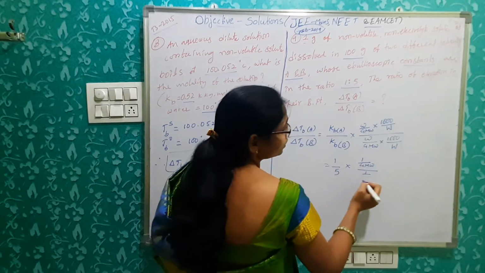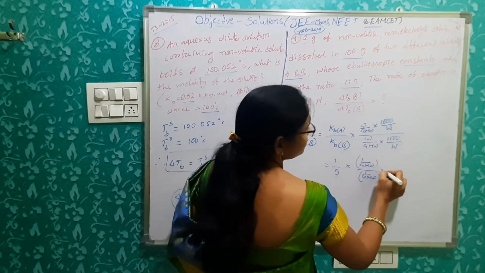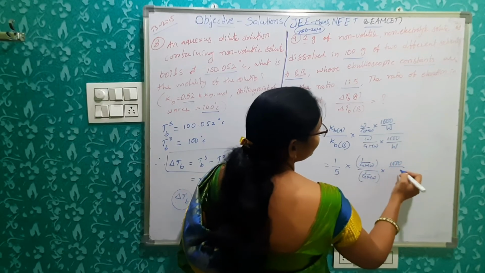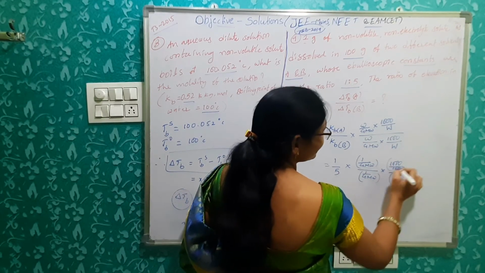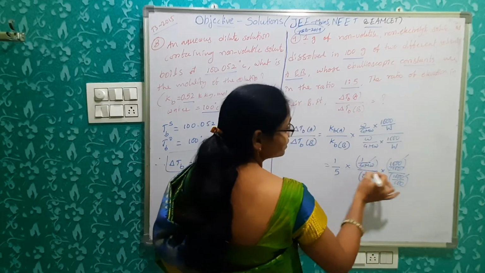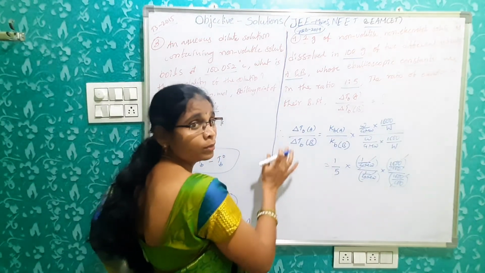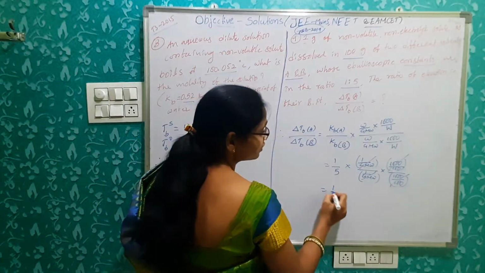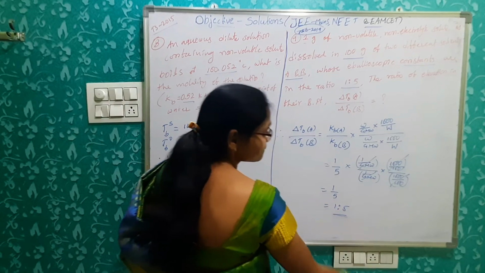Again, same solute, gram molecular weight is not given. 1000 by 100 grams of A, 1000 by 100 grams, so this is mutually cancelled. This is also mutually cancelled. What is the ratio of boiling points of the solution? Simply 1/5, that means 1:5 only.